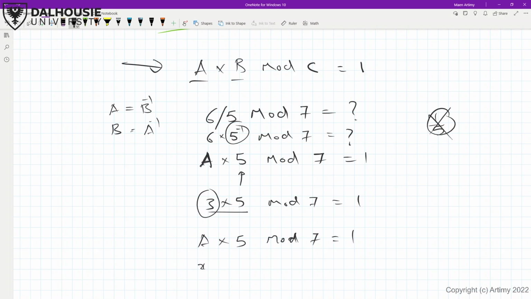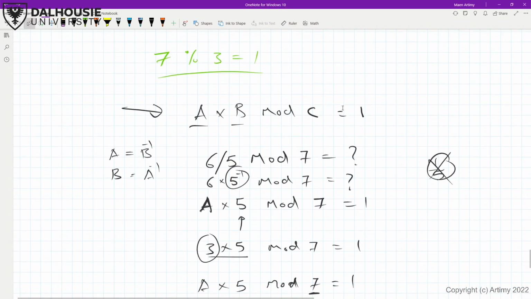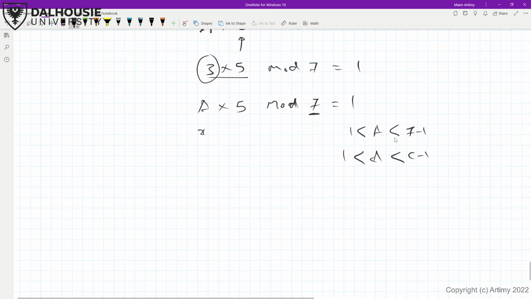Well, it turns out to be in the range from 1 to whatever this number is minus 1. So in general, A has to be from 1 to C minus 1, where C is the number at the top that you see. So we don't have to try many.